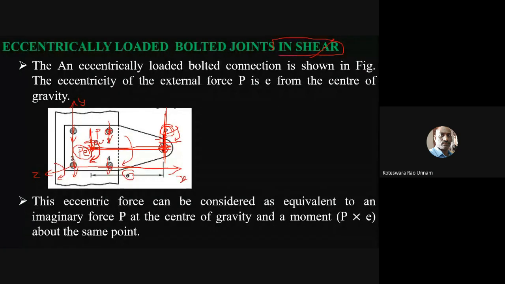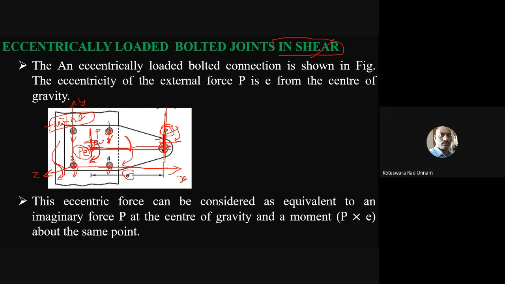See here, this is the cross section of the bolt, so the z-axis is the longitudinal axis of the bolt. If our moment is acting along the longitudinal axis, then it is going to create a twisting moment in the bolt. Because of the twisting moment, you have a torsional shear.